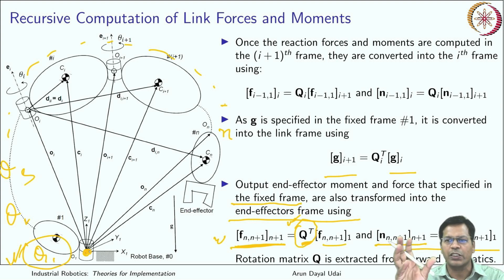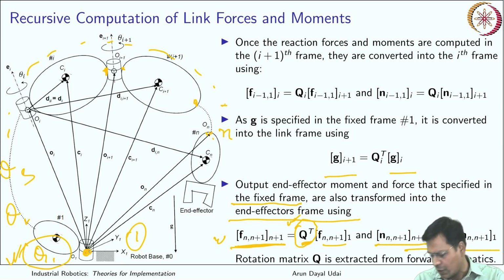It is a 3x3 rotation matrix, which is a subset inside the homogeneous transformation matrix of the robot itself. So whatever forces and moments you get can be converted to the first frame by multiplying by the series of link transformation matrices that goes till here.